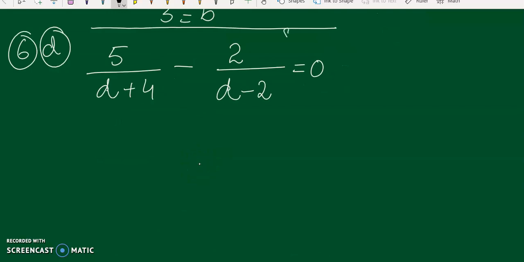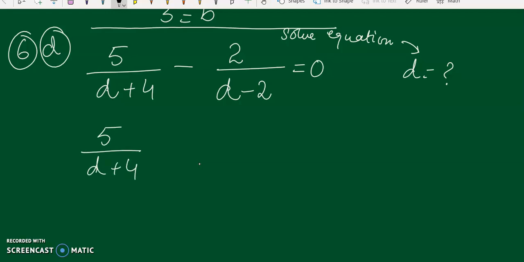Now in D part, again we have to solve the equation, and by solving the equation we mean that we need to find the value of D. So how you can do it? हम इसको अपने previous question की form में लेकर आते हैं.